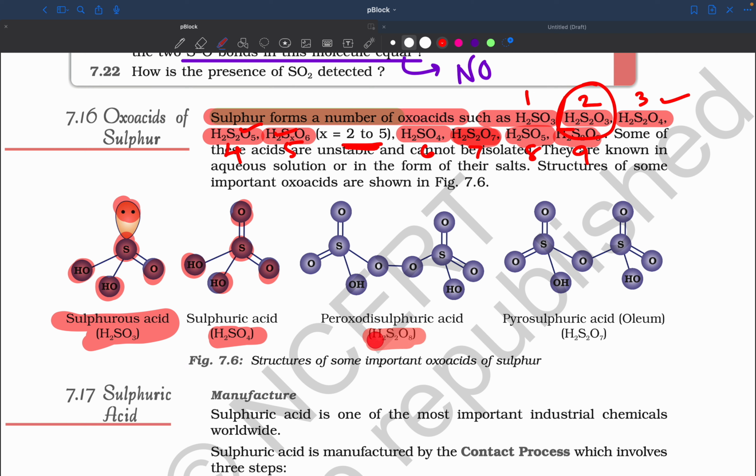In H2S2O8 we have two sulfurs connected by a peroxy bond, with two OH groups and double bonded oxygens, and this is the structure of it. And this is pyrosulfuric acid, this is the oleum, you should know about it. Okay, this is oleum.